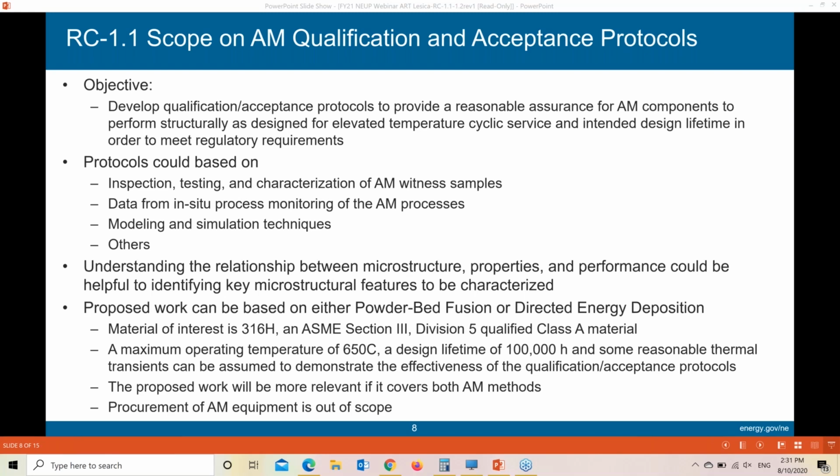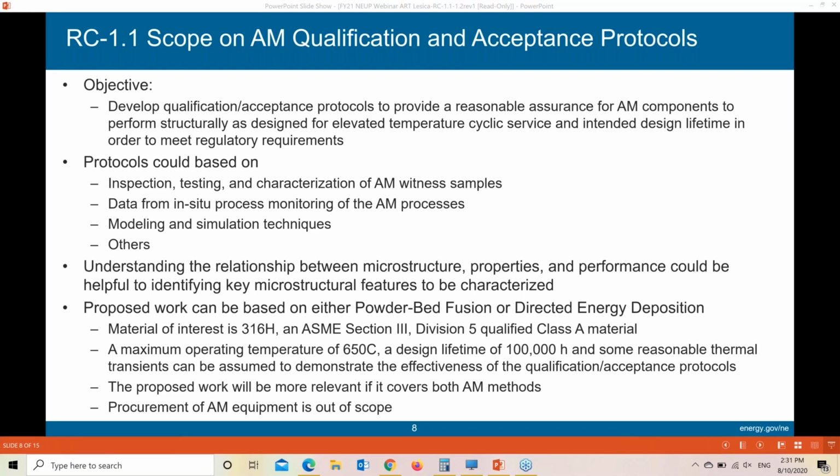So I do see that there are certain elements of modeling and simulations, and also that in situ process monitoring data during the AM process will play a significant role in the acceptance protocols.